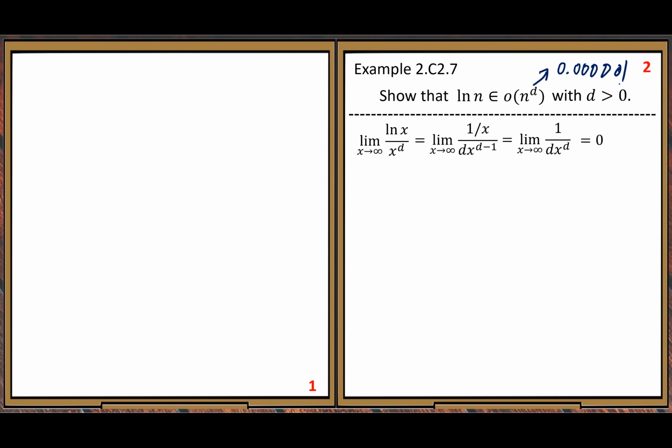When they see 1/millionth, so many zeros, usually close to 50% of them tell me natural log of n increases faster. 50% of the chance, the answer is n to the d increases faster. Eventually, think about it, we only look at n very large. We don't worry about where n is relatively small.